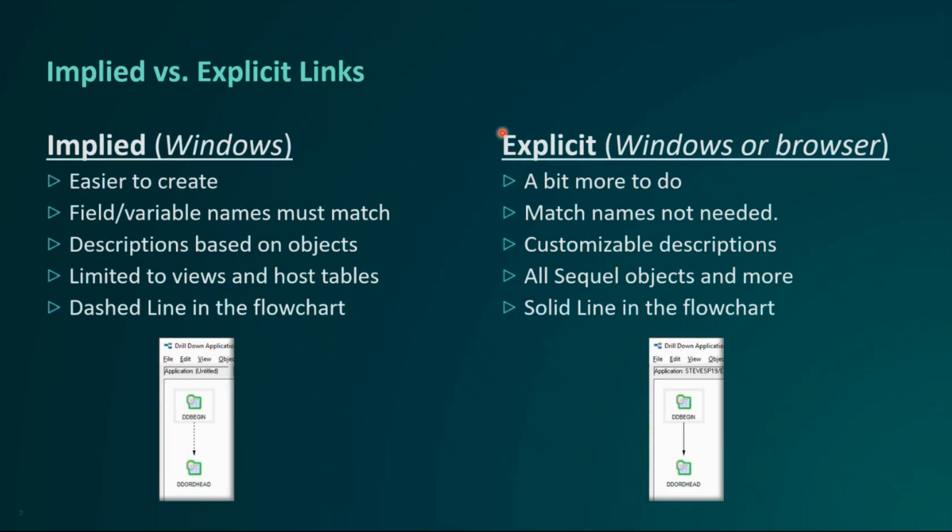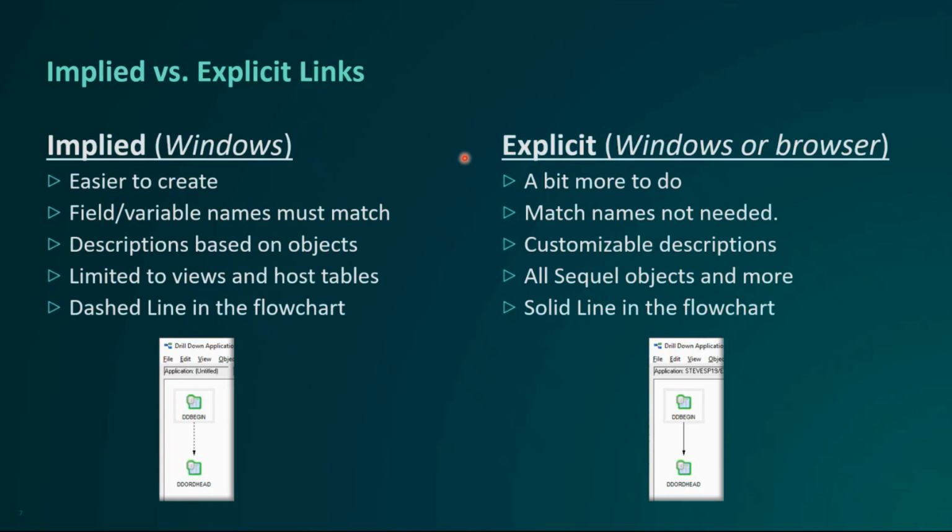Now, if we take that a step further and build what's called an explicit drill down, there's a little bit more work to do, and that's in the way of creating a command string to run your second level view.